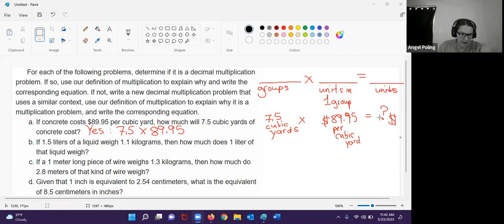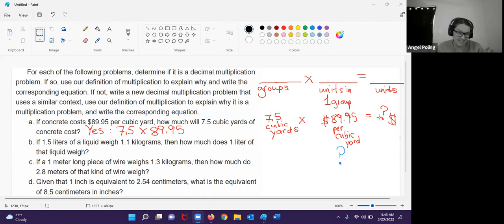If 1.5 liters of a liquid weigh 1.1 kilograms, then how much does 1 liter of that liquid weigh? So they're asking us about something per one, not a total amount of item, right?